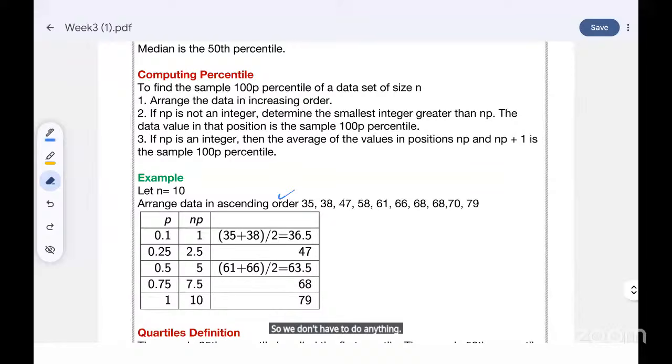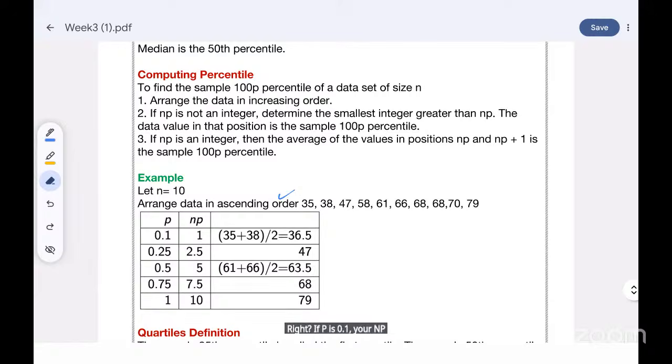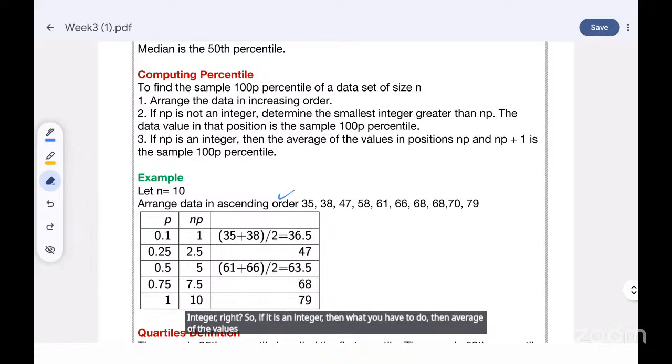After that, check NP, where N is 10. In the first case, P is 0.1, so NP is 1. In this case NP is an integer. If it is an integer, then the average of the values in positions NP and NP plus 1 is the sample 100p percentile. So here, what are NP and NP plus 1?